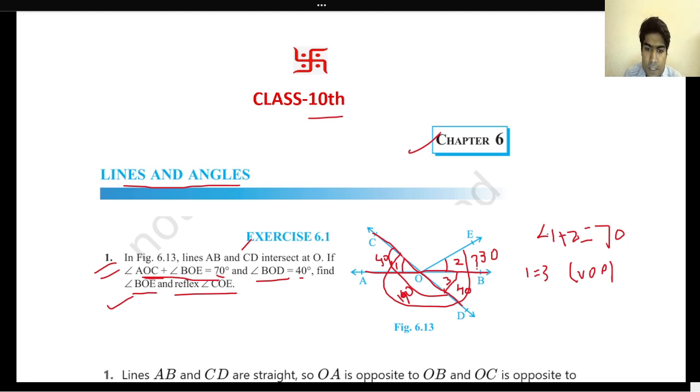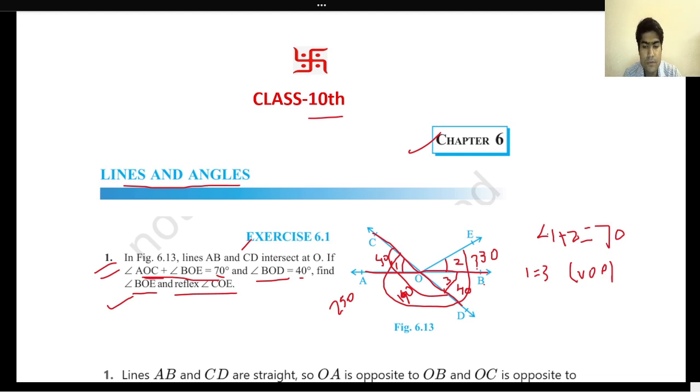So the reflex angle is 40 plus 140, that is 180, plus 40 again, then 220, and plus 30, that is 250. Right? This is one approach of finding reflex angle COE.